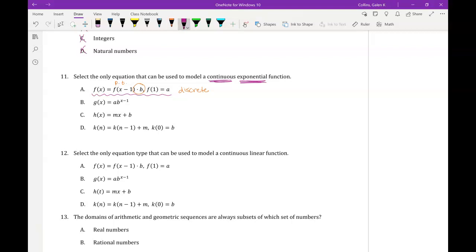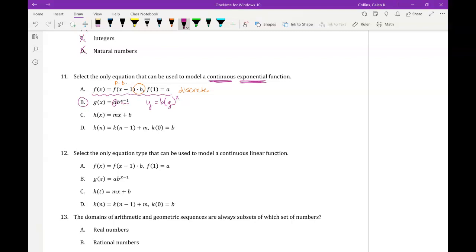B is going to be the correct answer here, and I could tell that this is in the form of, I realized in the text they're using A and B instead of B and G, but this is in the form of like y equals our y-intercept times our growth factor to the power of x. And again, when that says x minus 1, that just tells us that this value here is not actually our y-intercept, but it's the output when x is equal to positive 1.